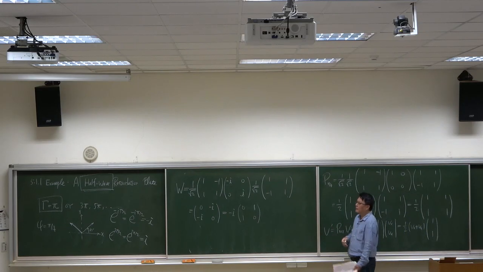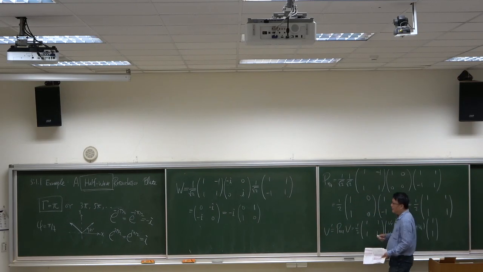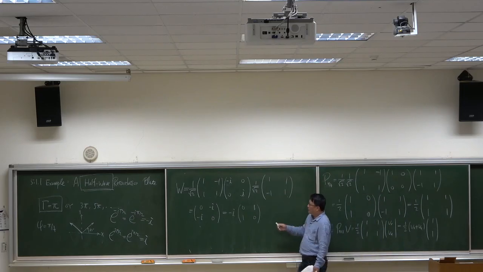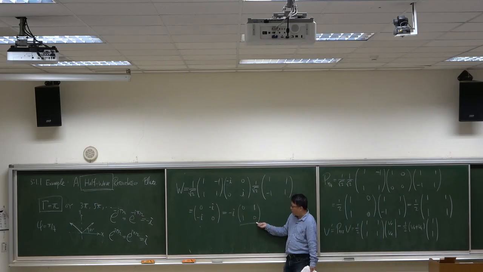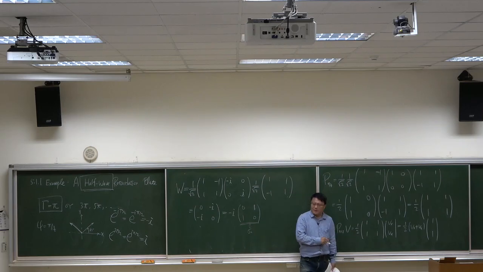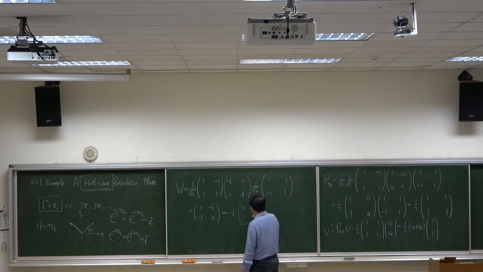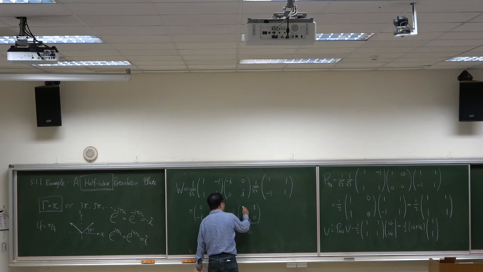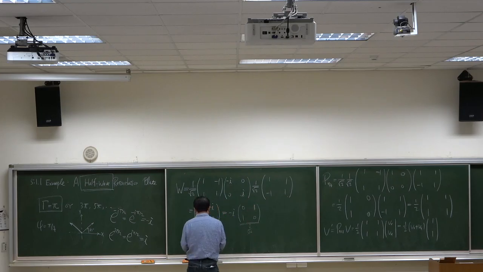If you know something about electron spin in quantum mechanics, then you may know this matrix is the Pauli matrix sigma x. Okay, and this matrix has the effect that exchanges the x and the y components of the vector.